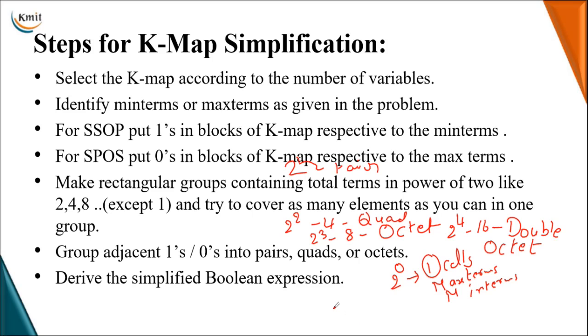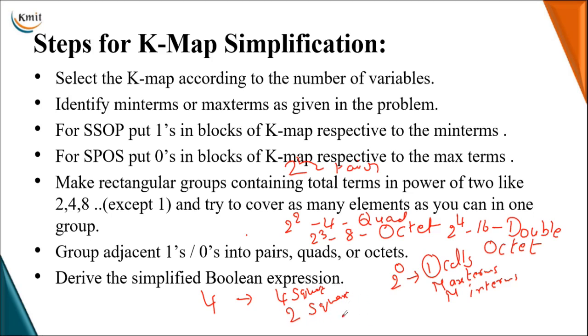For example, I have a 2 variable function. My number of cells is only 4 in a 2 variable function. So the possibility of grouping is 4 cell adjacency, which is a quad. So check for quad formation. If with the given minterms or maxterms this grouping is not possible, then go for 2 cell adjacency, which is a pair.